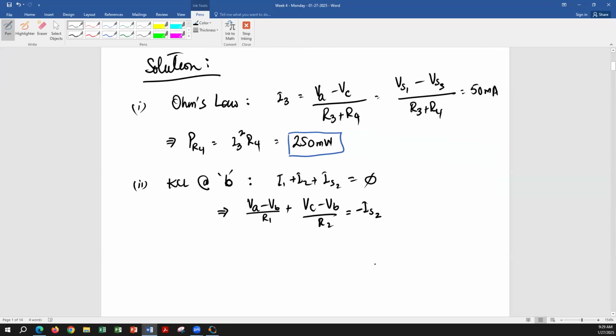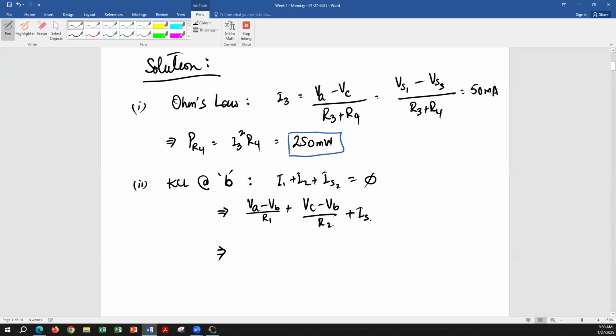So again, we know VA, we know VC, the only thing is VB that we don't know. So we're going to keep VB on one side of the equation and take everything on the other side. Actually, I should have just kept IS2 on this side, because I'm going to take VB on the other side to make it positive. So let me go back and write it down.